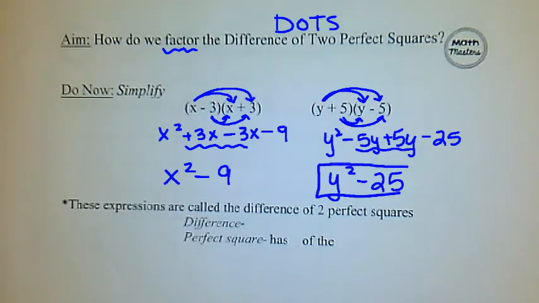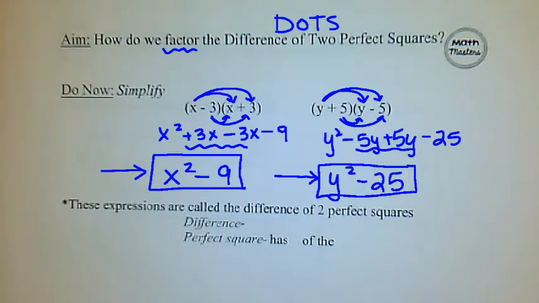Okay, so normally we have noticed that when we FOIL two binomials, we always get a trinomial. But these are the only cases that this doesn't happen. So these expressions are called the difference of two perfect squares.